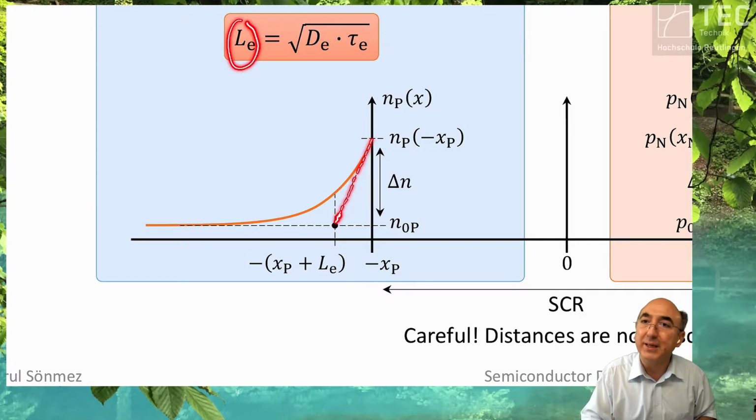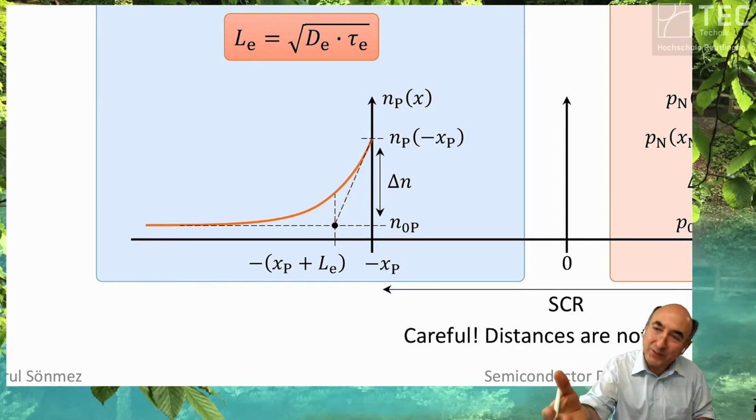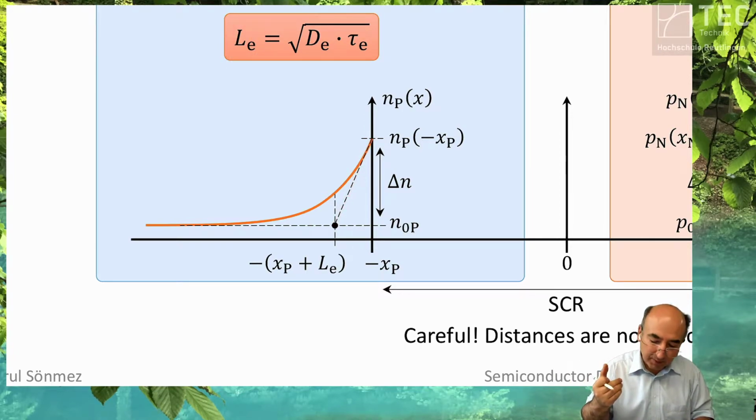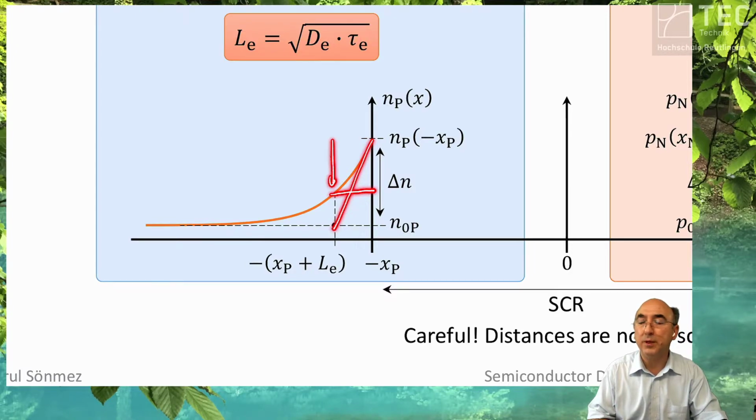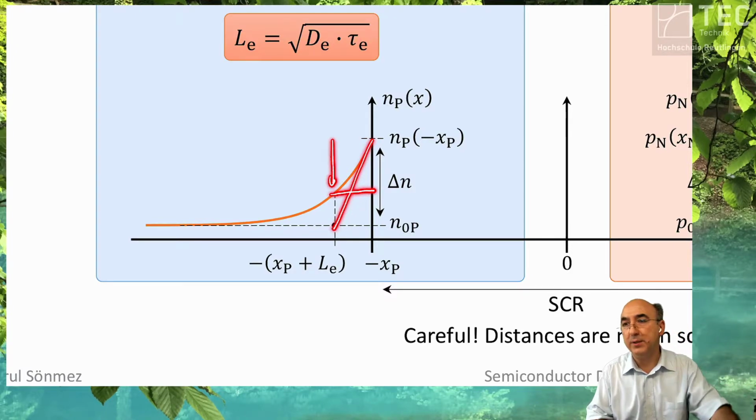Okay, the location constant has its own name. It's the diffusion length. Instead of the time constant, it has the name diffusion length. What is the diffusion length? It is the length where the drop is 1 divided by e.